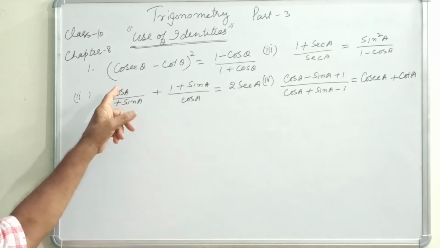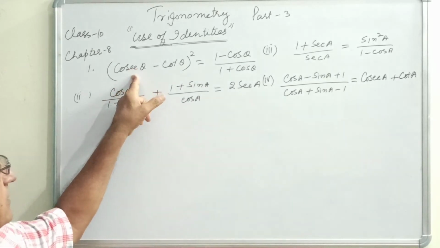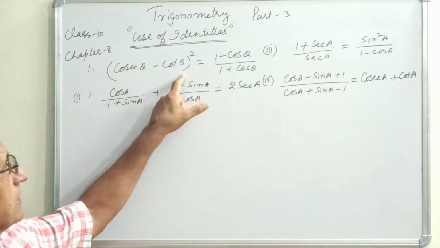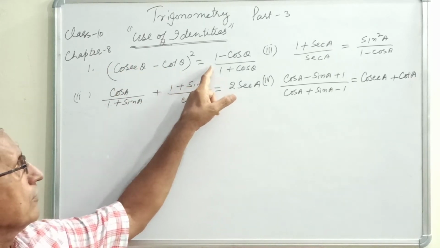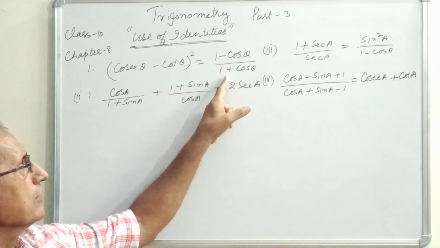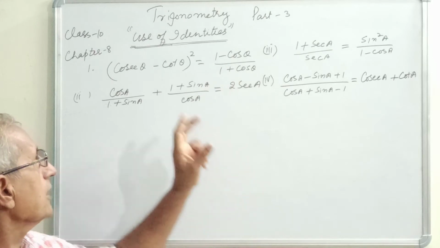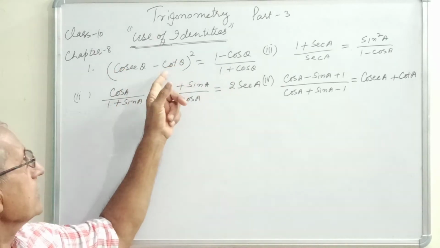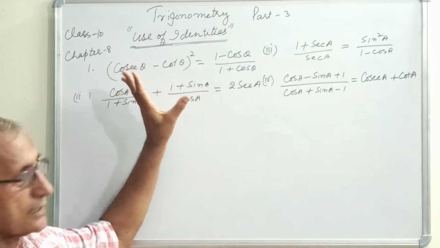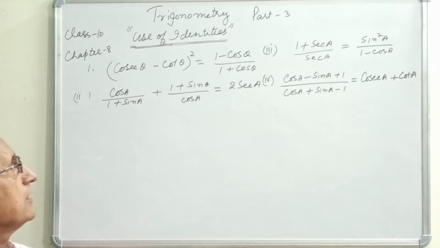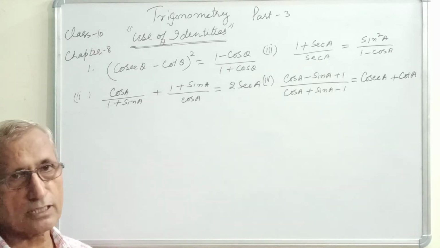So first question is (cosecant theta minus cotangent theta) whole square is equal to (1 minus cos theta) upon (1 plus cos theta). The left hand side is (cosecant theta minus cotangent theta) whole square, and the right hand side is (1 minus cos theta) upon (1 plus cos theta).